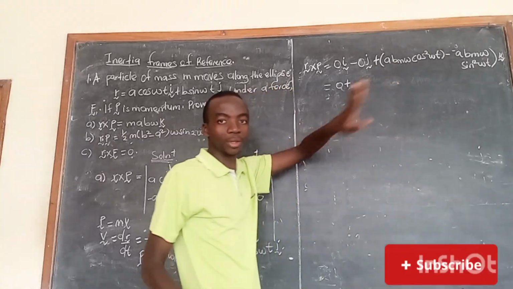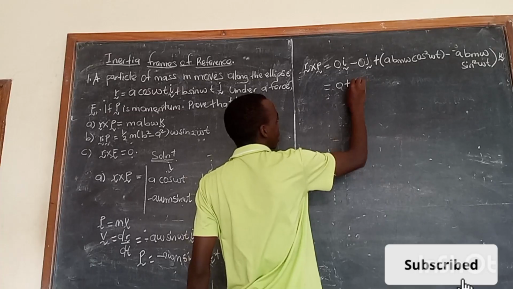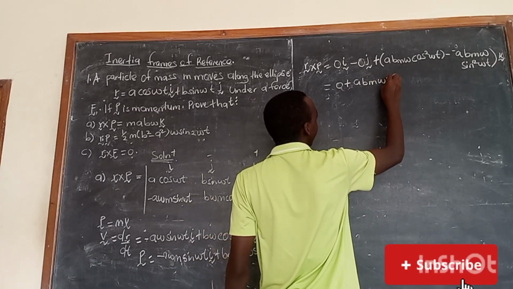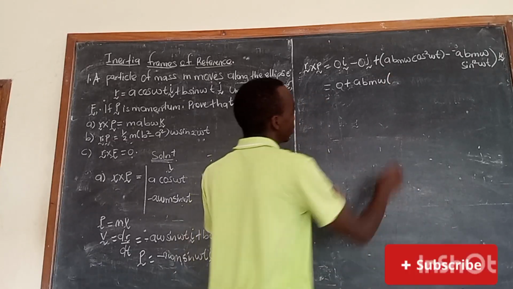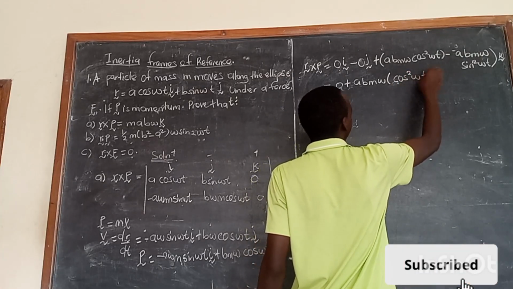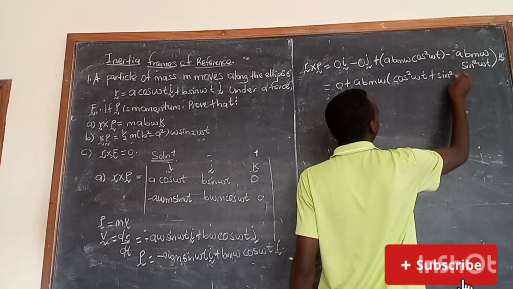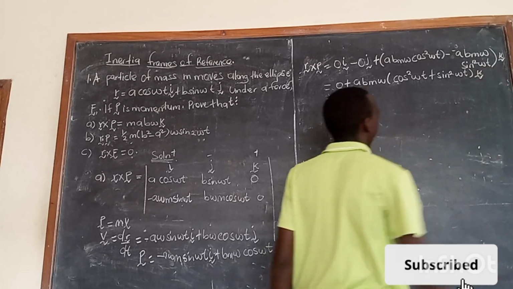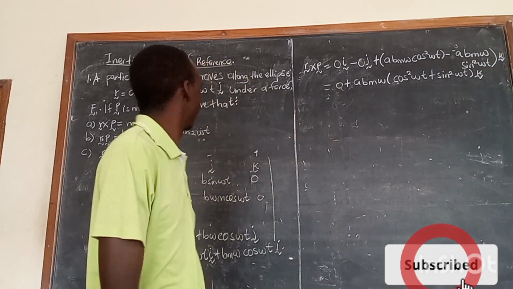Here we can pull out the common factors, which are a, b, m, omega. So it will be plus a b m omega times cos squared omega t plus sin squared omega t.